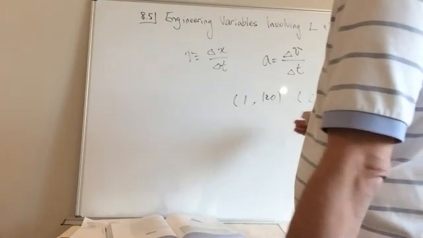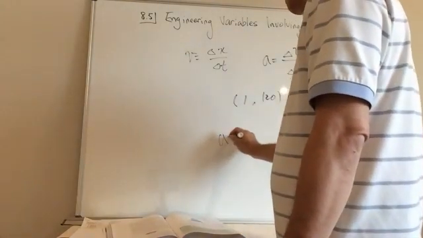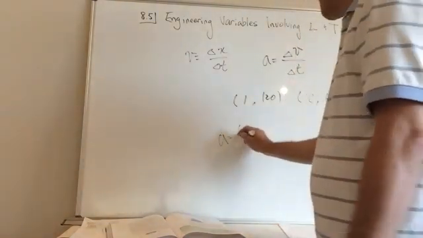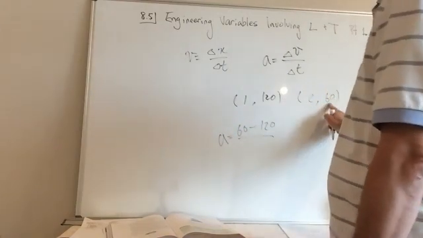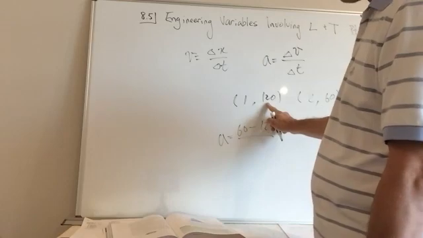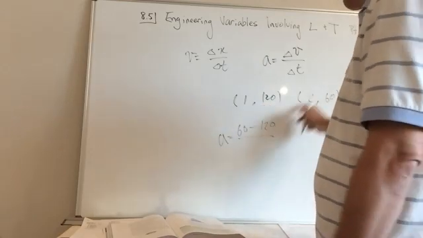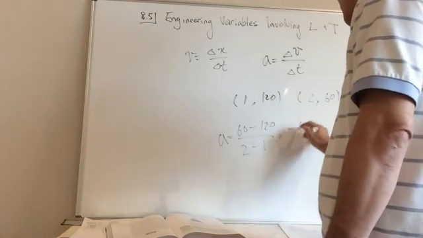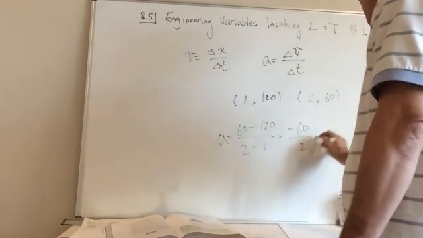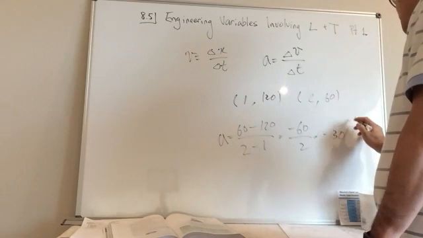Then the acceleration is going to be what? 60 minus 120, because this is where you end up and this is where you started, over 2 minus 1. So it's minus 60 over 1, or minus 60.